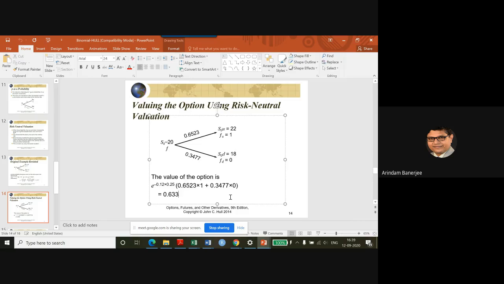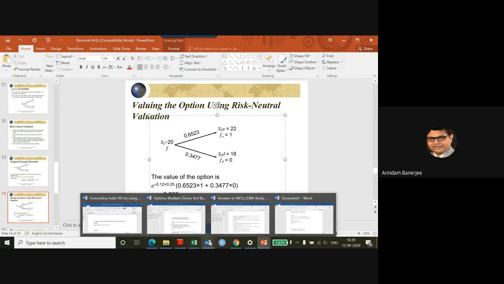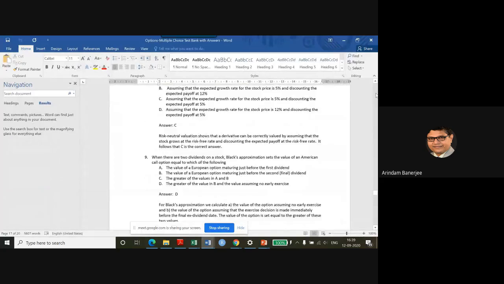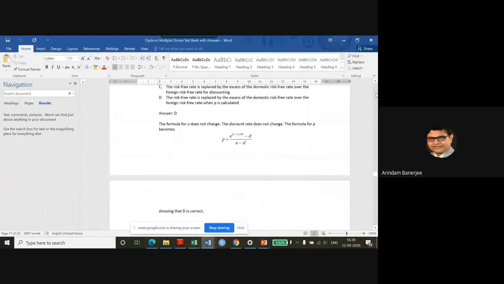But the point is that at every step, it shows me the result. This is for 3 months, I can extend it for another 3 months, then another 3 months. So it can continue like this. So let's look at one problem on option valuation using binomial trees.